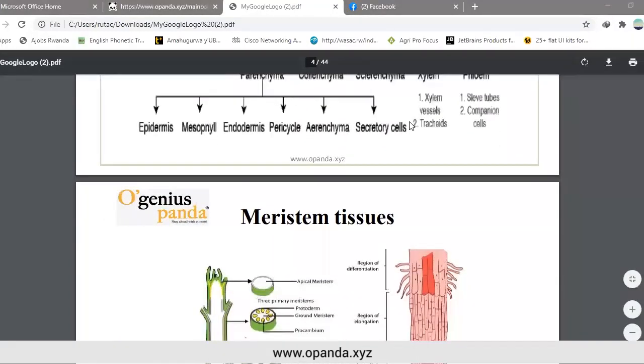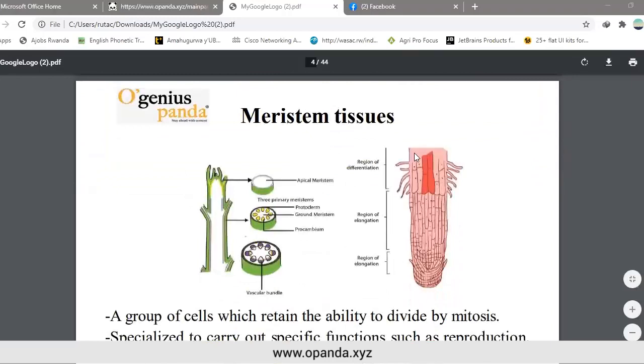We start with the meristem tissues. We can also call them meristematic tissues. Here you find on the picture a root with its region of elongation down and region of differentiation.